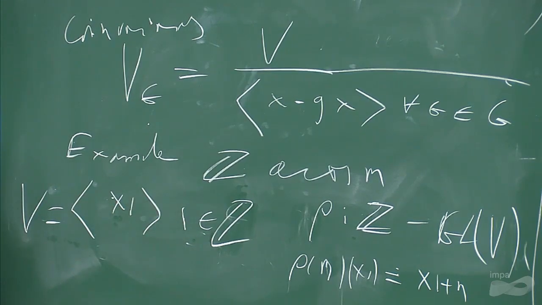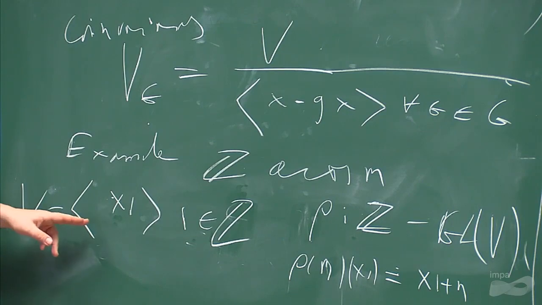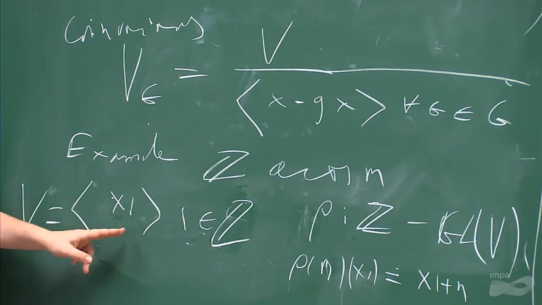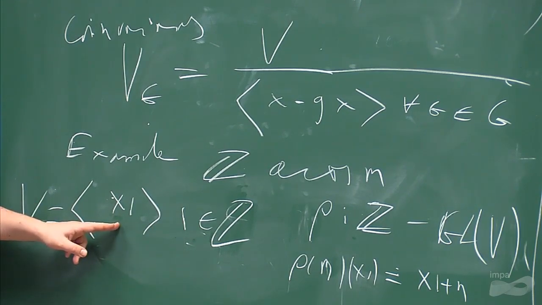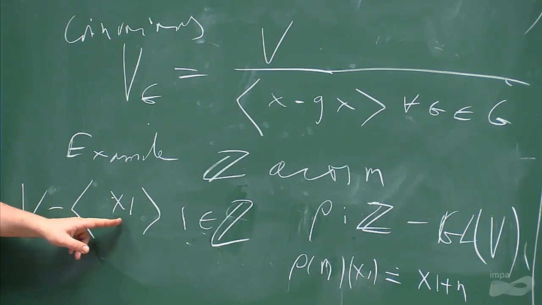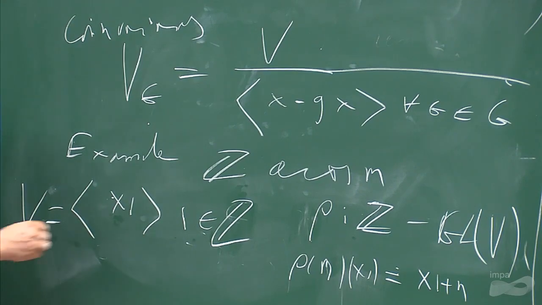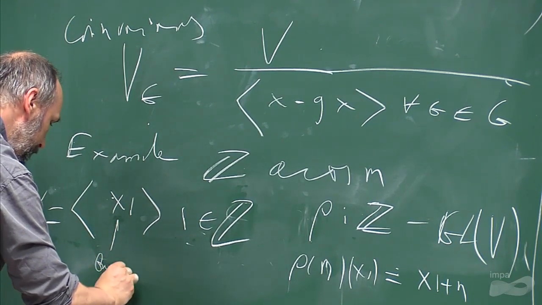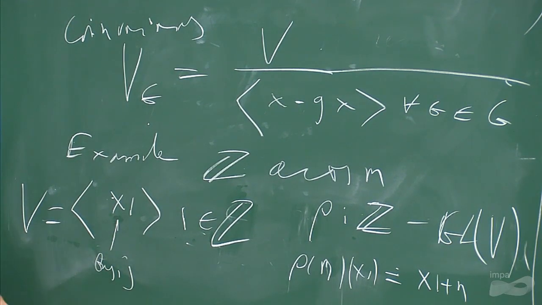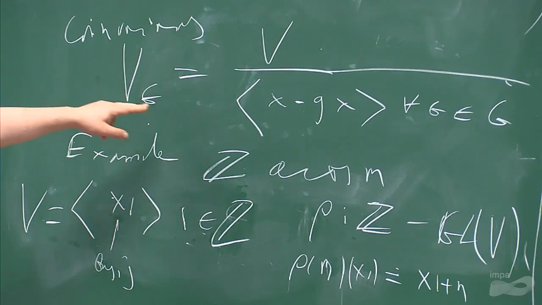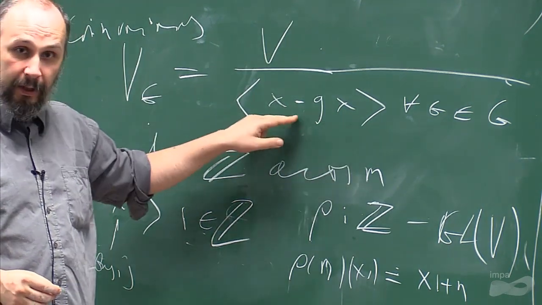Yes, you have a question. V lower g, that's the set of all orbits, this quotient? No, this is the vector space generated by this basis. Co-invariants: this is a quotient, again, by the vector space generated by these guys.